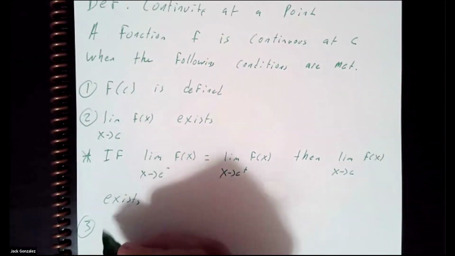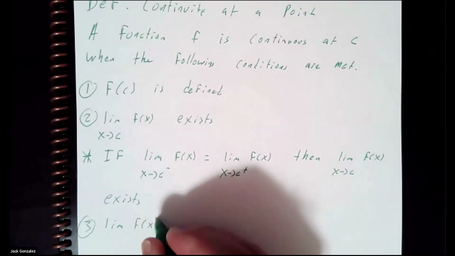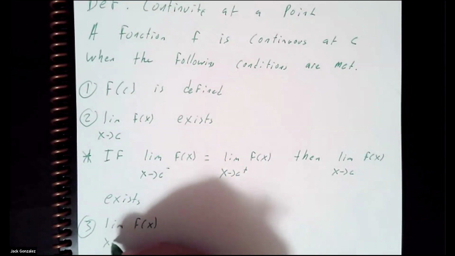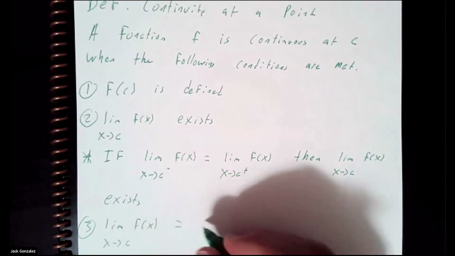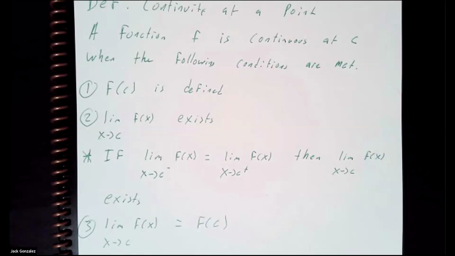Number three, the limit of f of x as x approaches C is equal to the functional value. So if any of these fail, then it is not continuous. All conditions must be met.